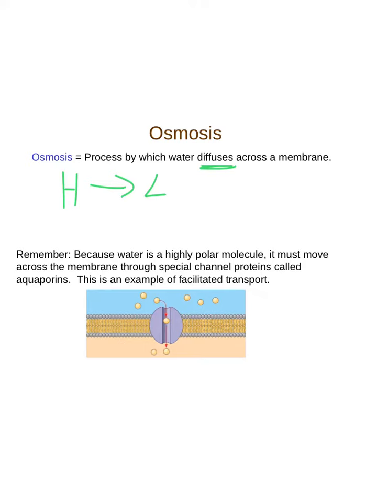But water can always get across cell membranes because you have those special channel proteins called aquaporins. Since those aquaporins are always there, the cell membrane is always going to be permeable to water, regardless of what else can move. So we're going to focus a lot on water movement here.